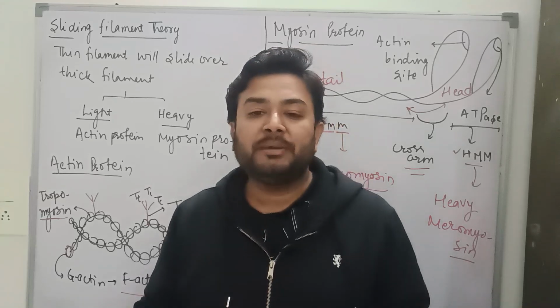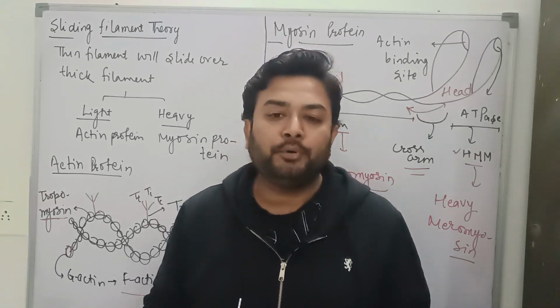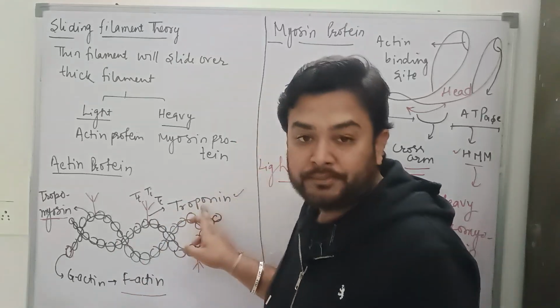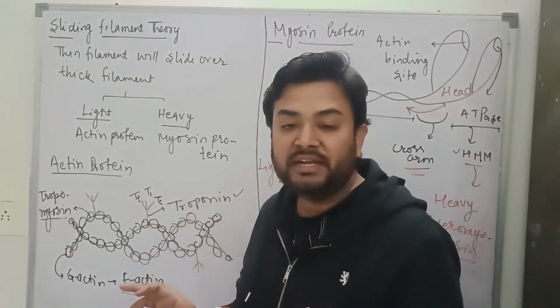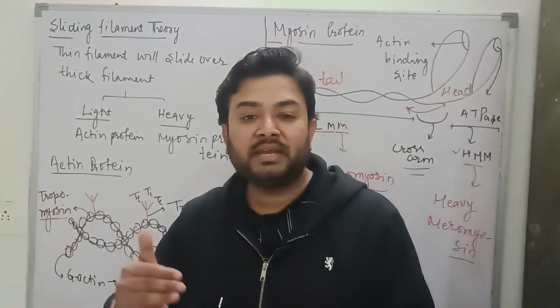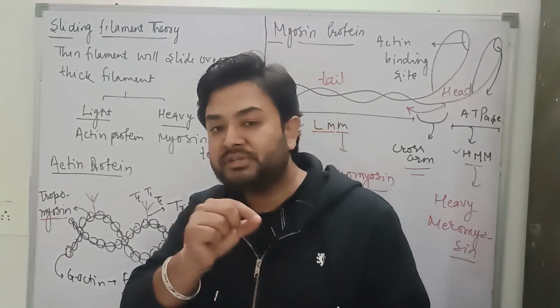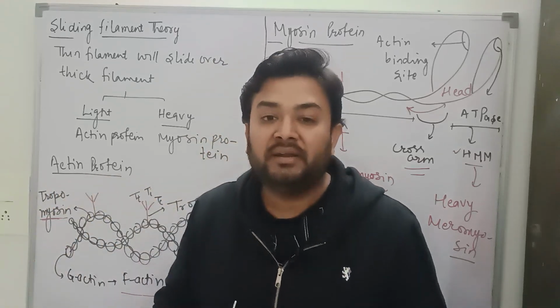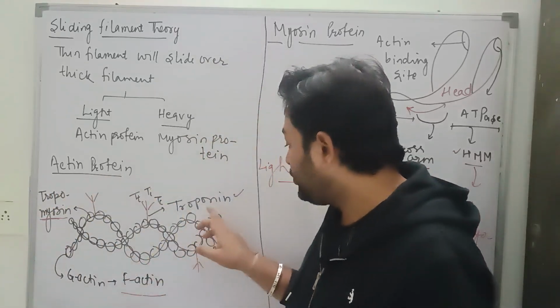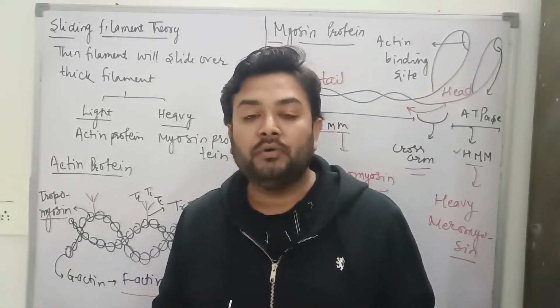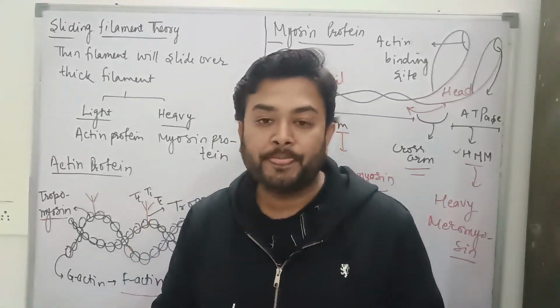There is another type of protein which is very important for muscle contraction, known as troponin. First, G actin will form filamentous actin. Second is tropomyosin, the continuous thread-like structure, and last is troponin, which is present at regular intervals over that F actin.